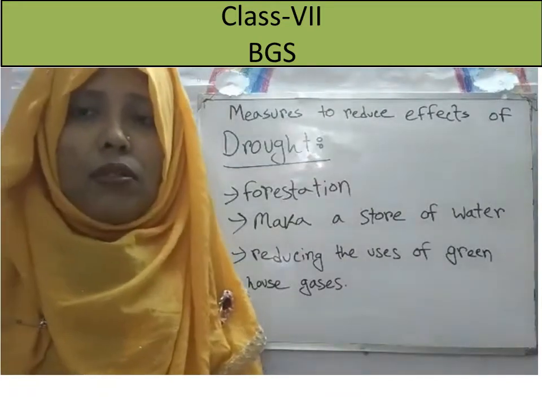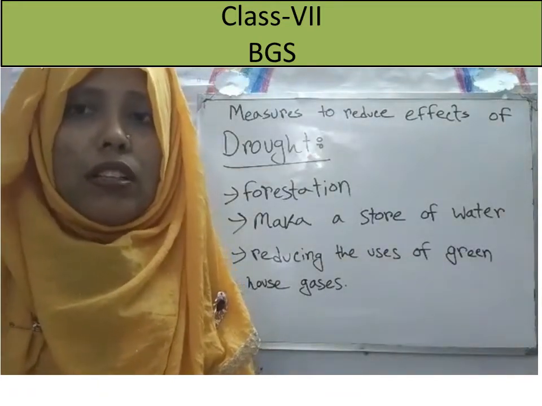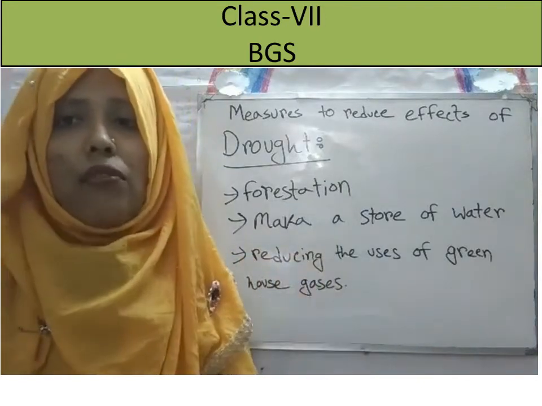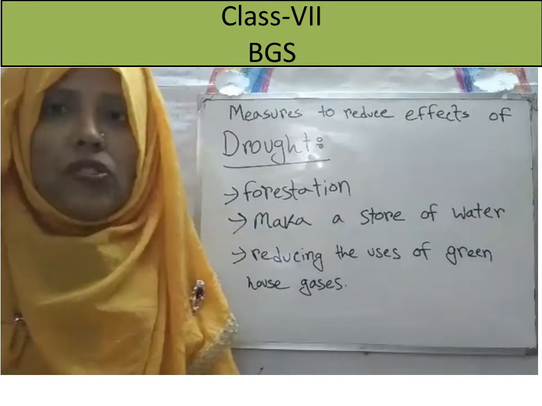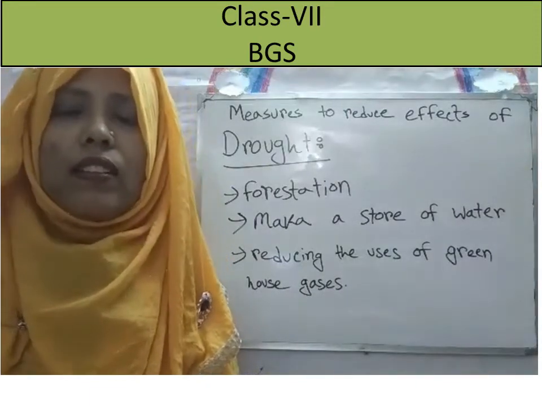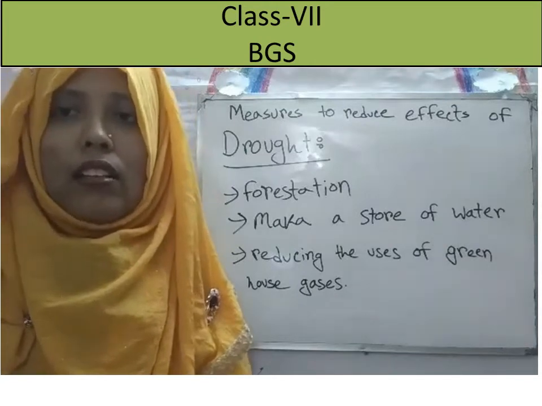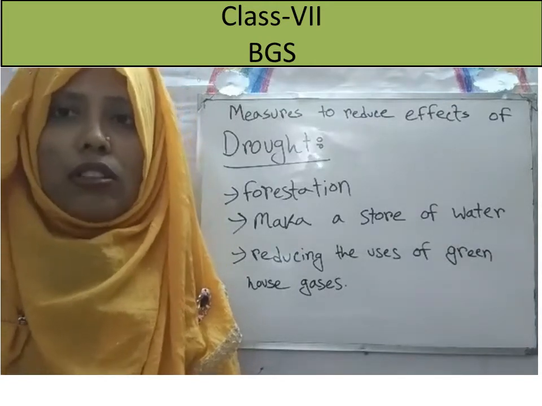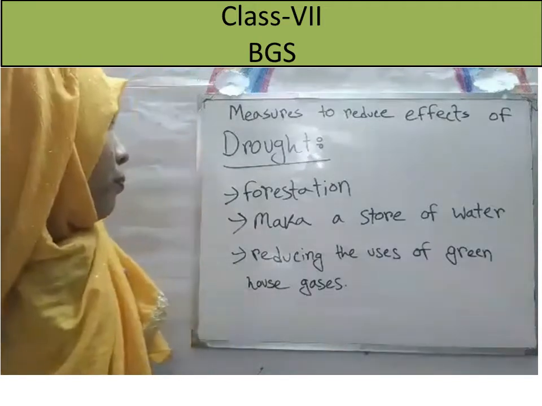What is the first step to reduce the damages of drought? Afforestation. If we plant more and more trees around our houses, on roads and in general places, then drought will not come every year in the northern part of the country.